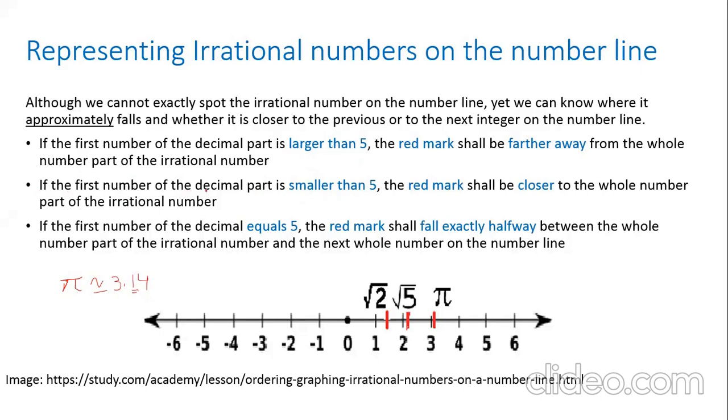If the first number of the decimal part is smaller than 5, the red mark by which we specify the location of the irrational number on the number line shall be closer to the whole number part of the irrational number. The whole number part of the irrational number in this case is 3. So since we have 1 here, it means that the red mark shall be closer to 3 than to 4 in the case of pi.